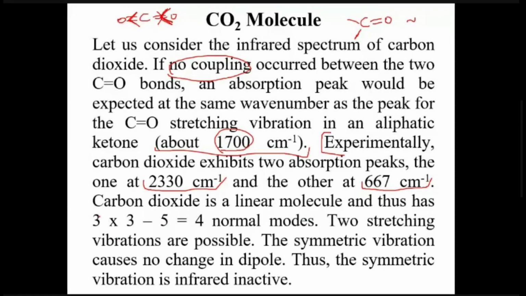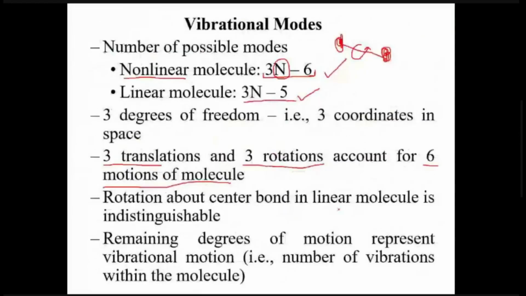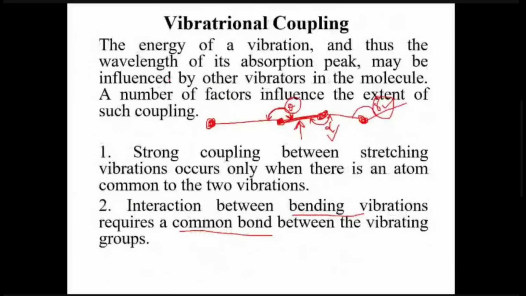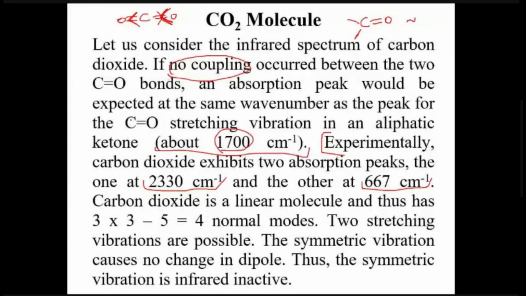Carbon dioxide is a linear molecule. We have seen that just now, and it has three atoms in it. Because it is a linear molecule, it will have this many possible modes: 3n, that is 3 multiplied by 3, 9, minus 5. So you will get 4 normal modes of vibration, which you have seen in the diagram.